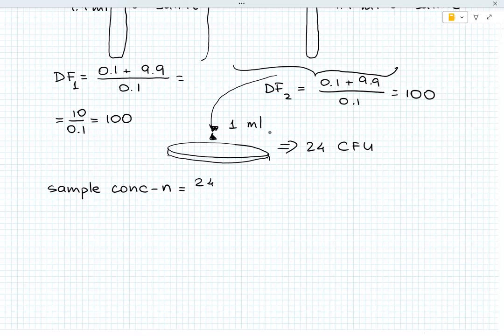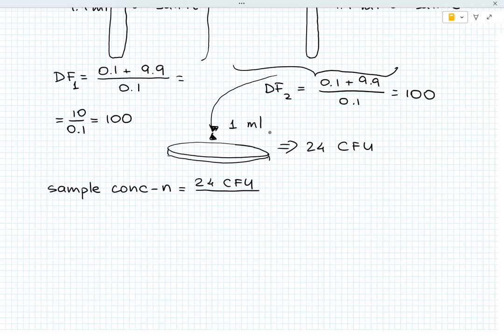And they came from which volume? Not which dilution, but what volume carried them? Which volume did we add finally to the agar plate? Don't look at the screen. Look in your problem. It's written there. 1 milliliter of the second dilution is plated.